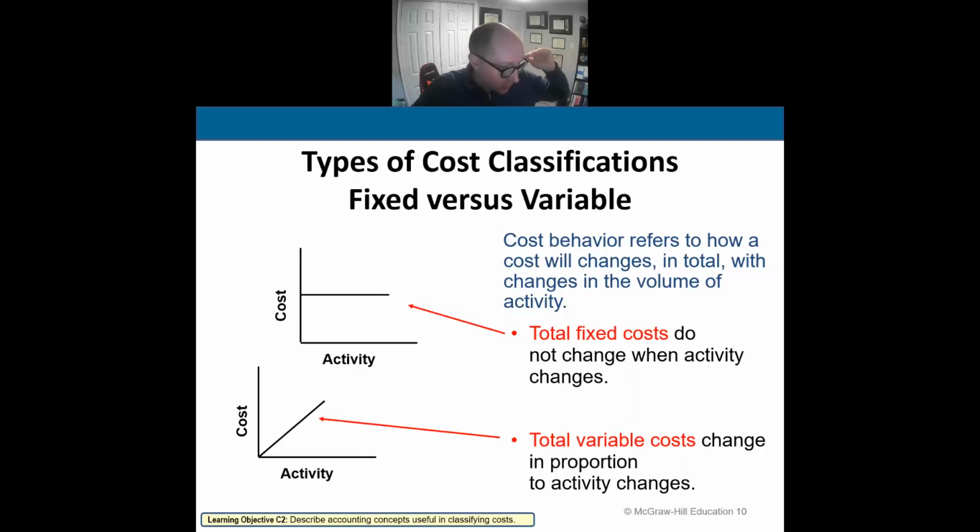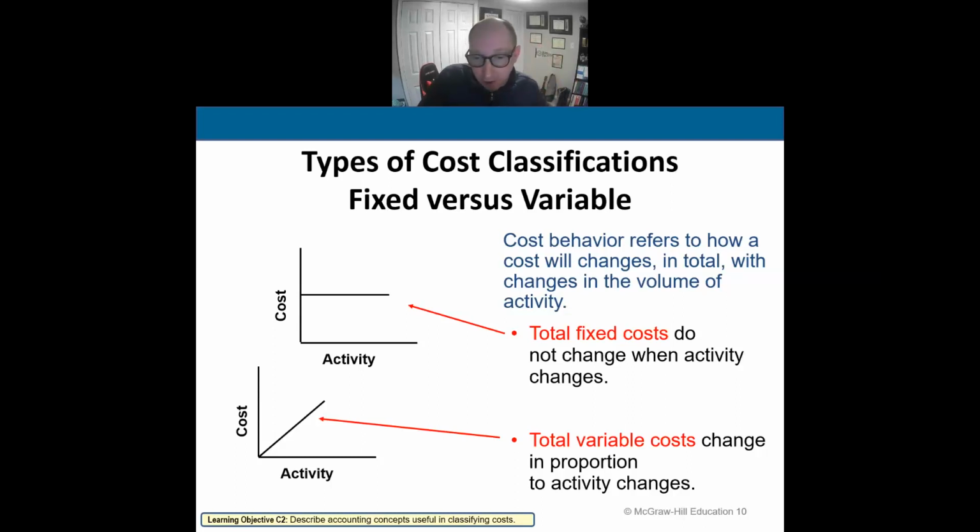So manager salaries, rents, insurance, they all stay the same. They might change year to year. The manager might get a raise. The cost of insurance might go up a little bit. They change year to year, but they don't change over time with level of activity. We call those fixed costs.